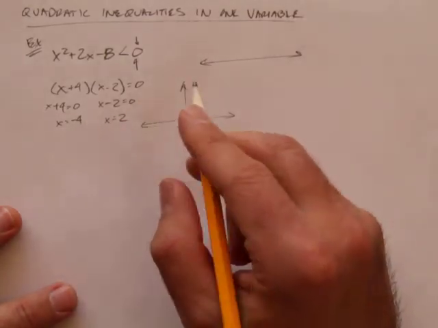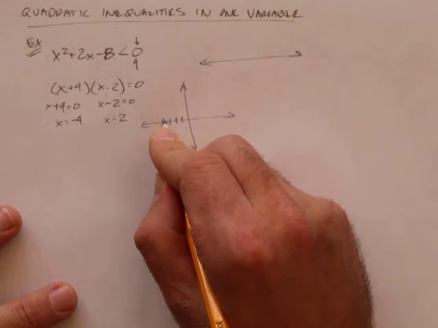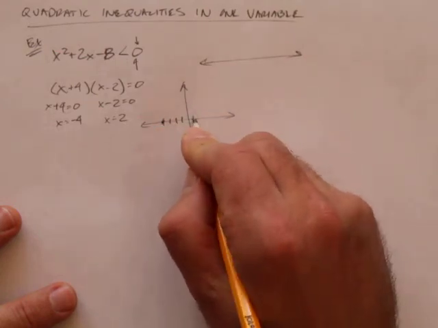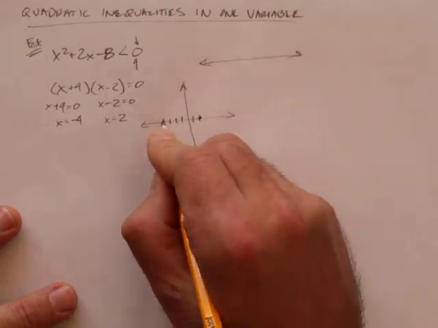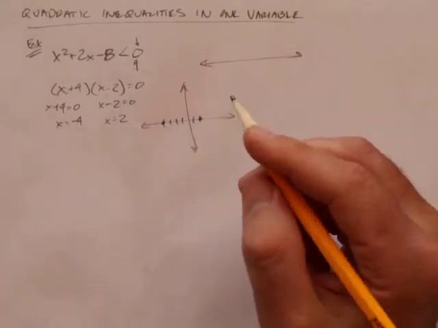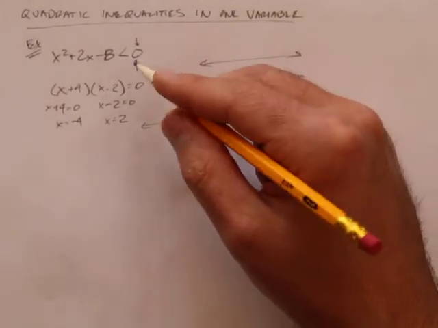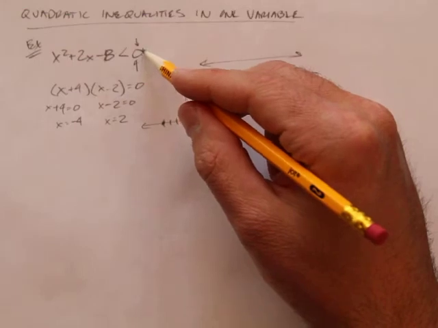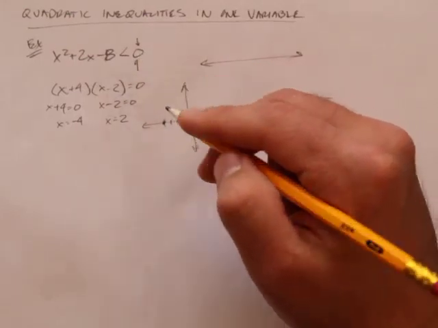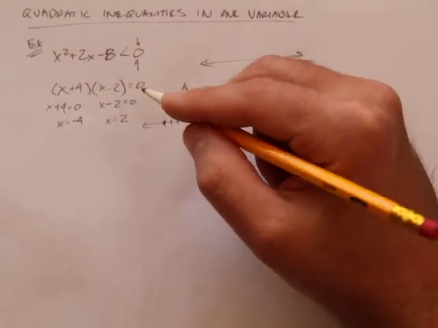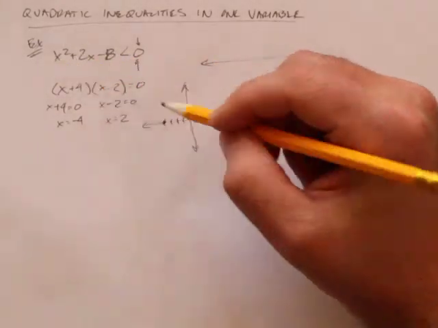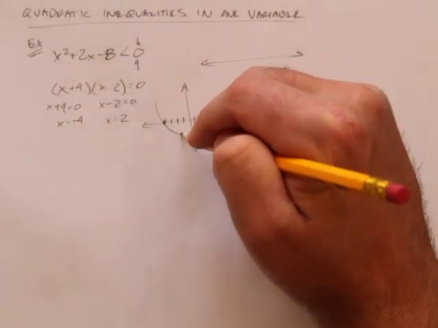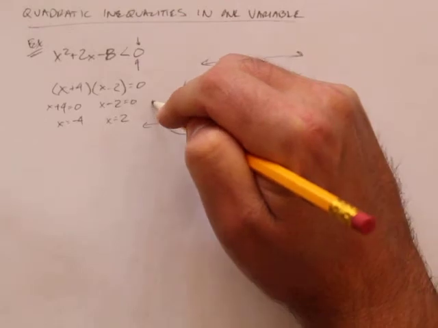So -4, 1, 2, 3, 4, and 2 are my roots, or my zeros. This is where y would be 0. If y was here, it would be 0. And then this opens up, right, because it's +a. So this is how my parabola would be.